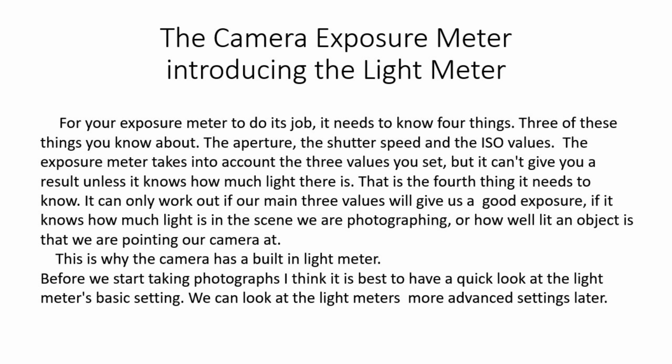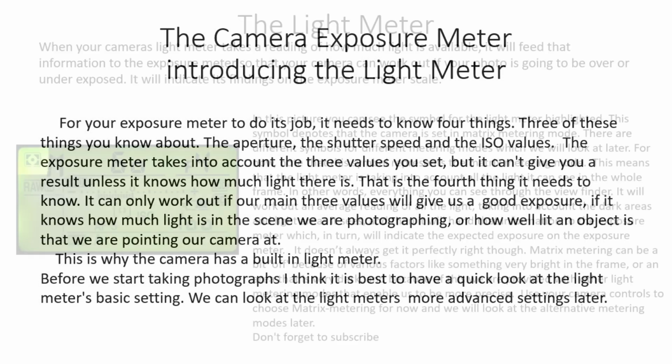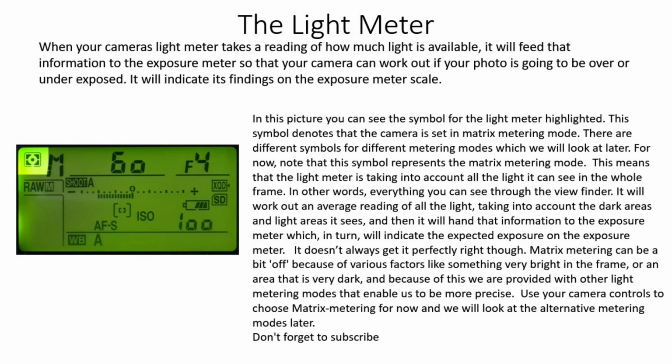Before we start taking photographs, I think it is best to have a quick look at the light meter's basic setting. We can look at the light meter's more advanced settings later. The light meter. When your camera's light meter takes a reading of how much light is available, it will feed that information to the exposure meter so that your camera can work out if your photo is going to be over or underexposed.